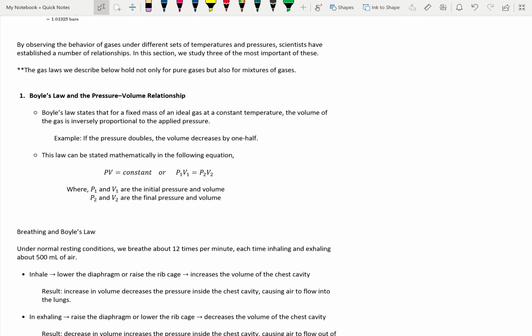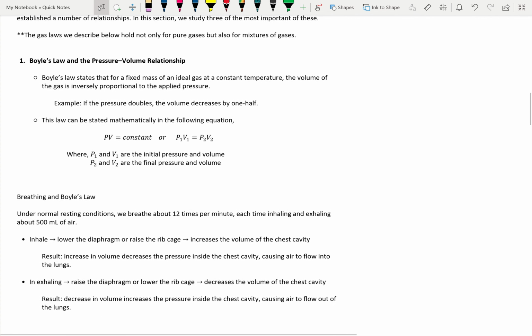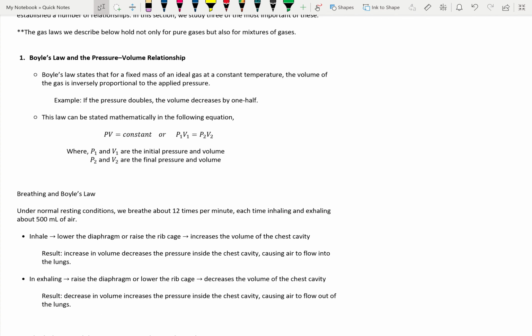Boyle's law is seen in breathing. Under normal resting conditions, we breathe about 12 times per minute, each time inhaling and exhaling about 500 milliliters of air. So when we inhale, we breathe in, we lower our diaphragm, and we raise our rib cage, right? That increases the volume of our chest cavity.